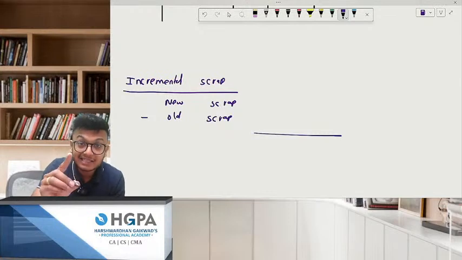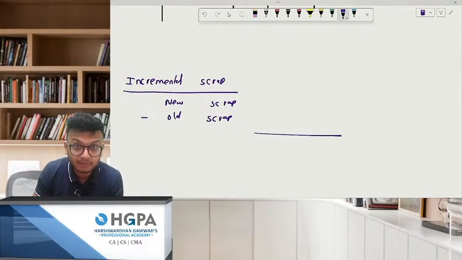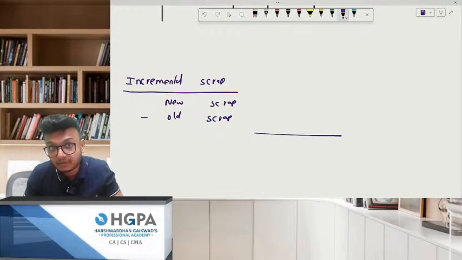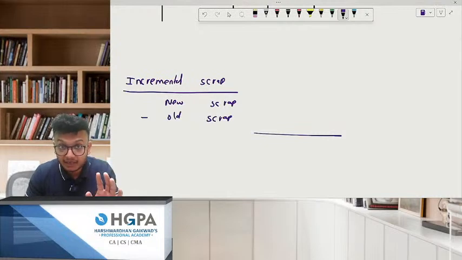See one catch over here. Comparison has to be made if it is on the same page. These two scrap values given in the question are not on the same page. Please understand that.